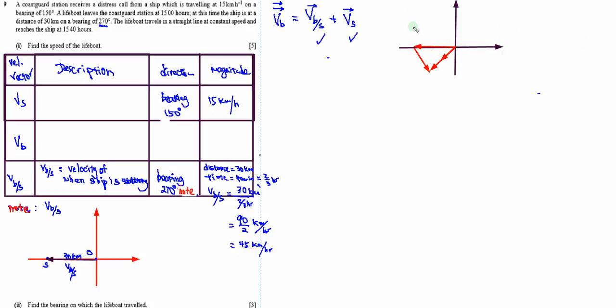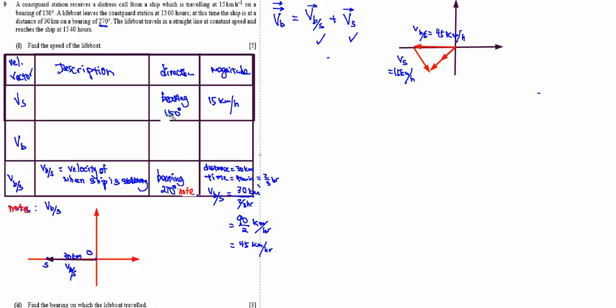So this is VBS, which is 45 kilometers per hour. Now this one is VS, which is equal to 15 kilometers per hour.